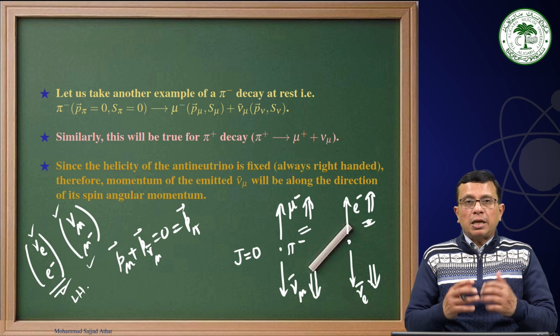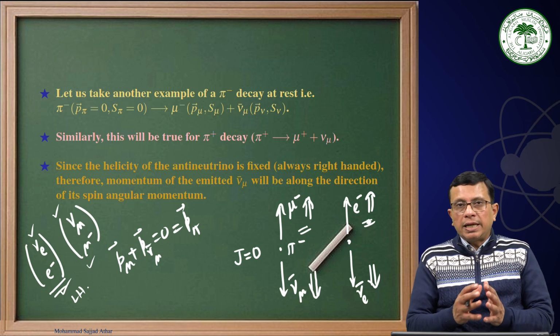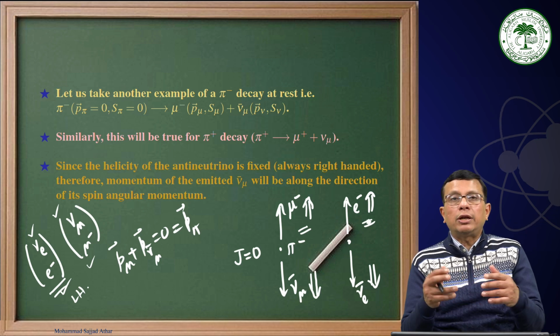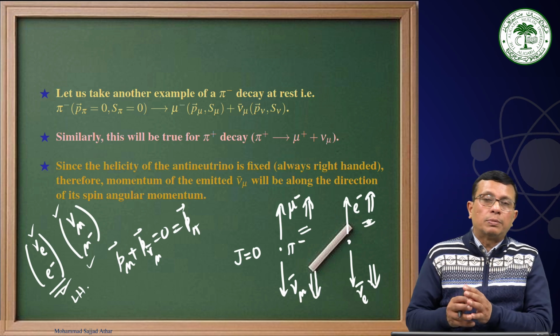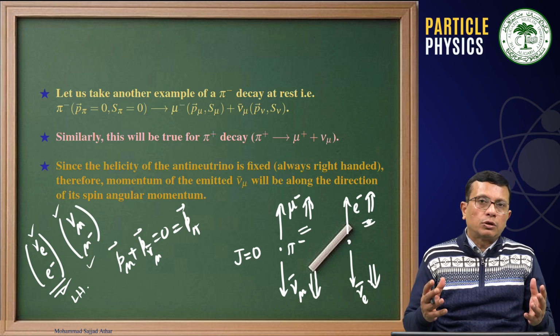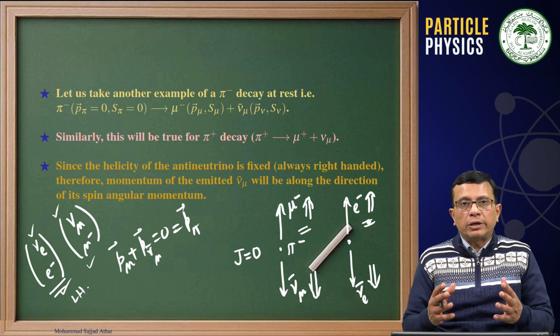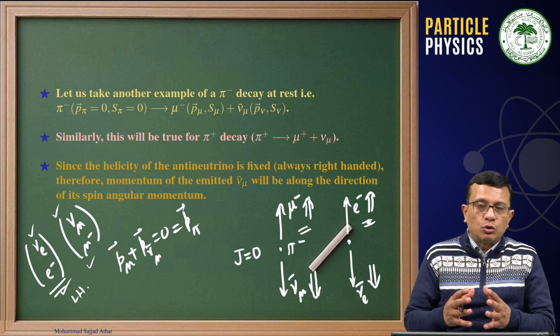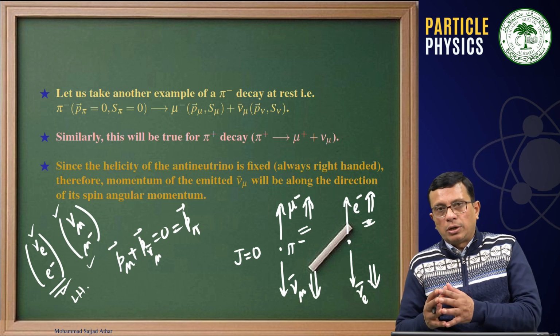Now, nature has two choices. Either it can decay to an electron or it can decay to a muon. It cannot decay to a tauon because the tauon's mass is much larger than the pion mass. That will be a violation of energy. Therefore, there are two choices: either a pion will decay into a muon or it will decay into an electron.